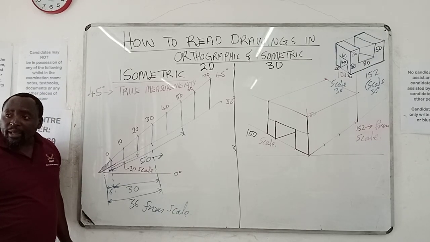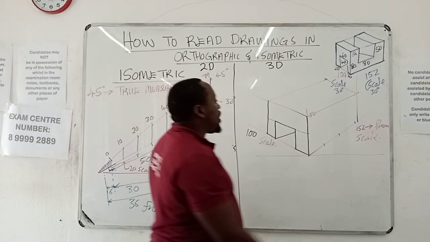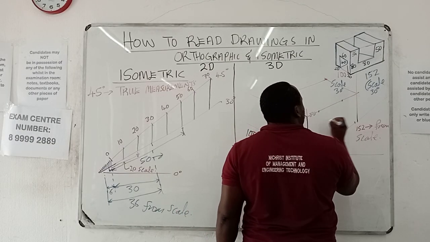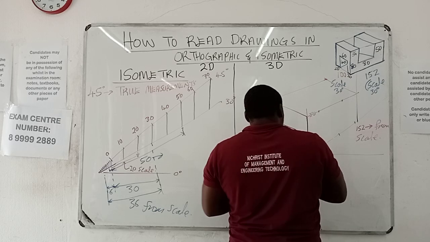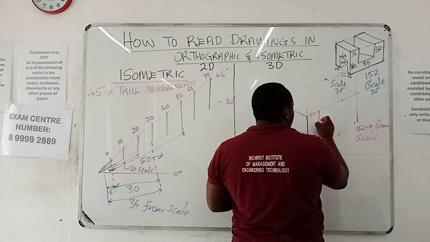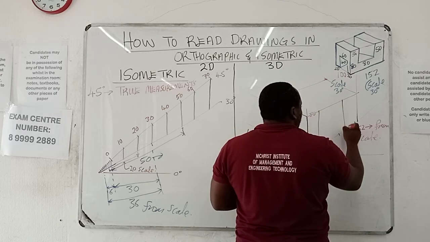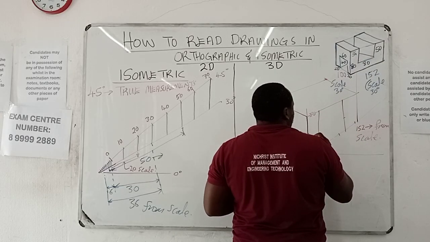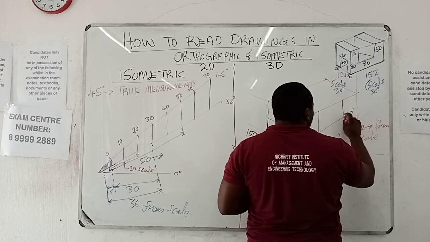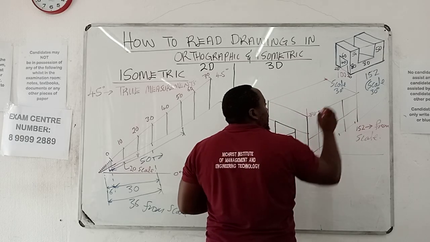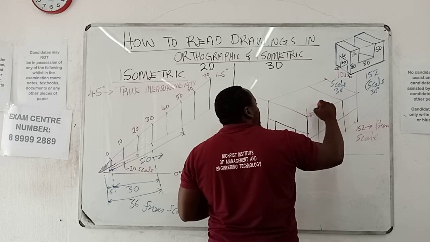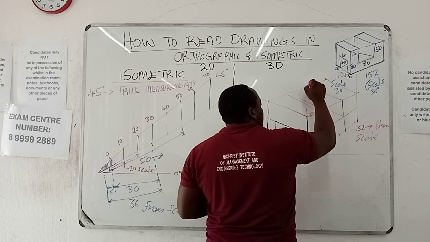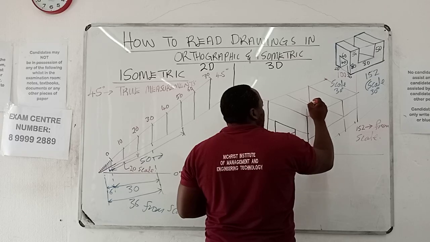Are we together? Okay? So I'll come here, I'll mark 36, 36. Then draw vertical line. Then the 50 is straight. You don't need to scale for 50. You measure 50 and draw. Then 30 degrees line, 30 degrees line, 30 degrees line, 90 degrees, then 30 degrees.